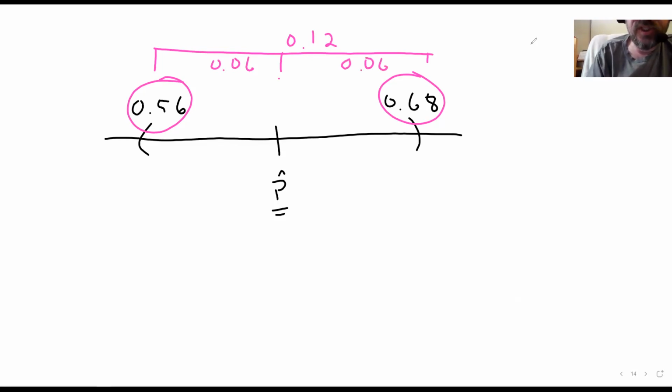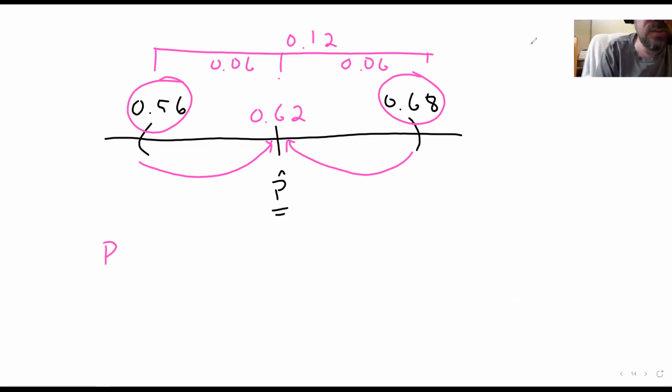So if I go 0.06 in from 0.56 or in from 0.68, they should lead to the same place, which is 0.62. Which is also what you get if you average them. So that means my p hat is 0.62.